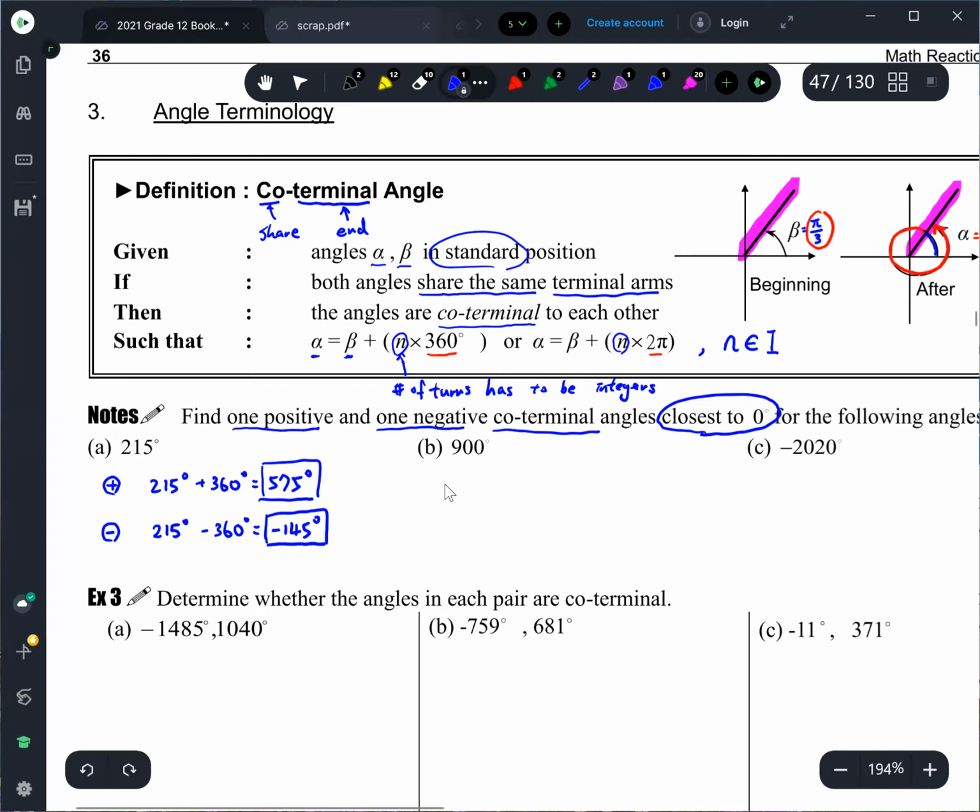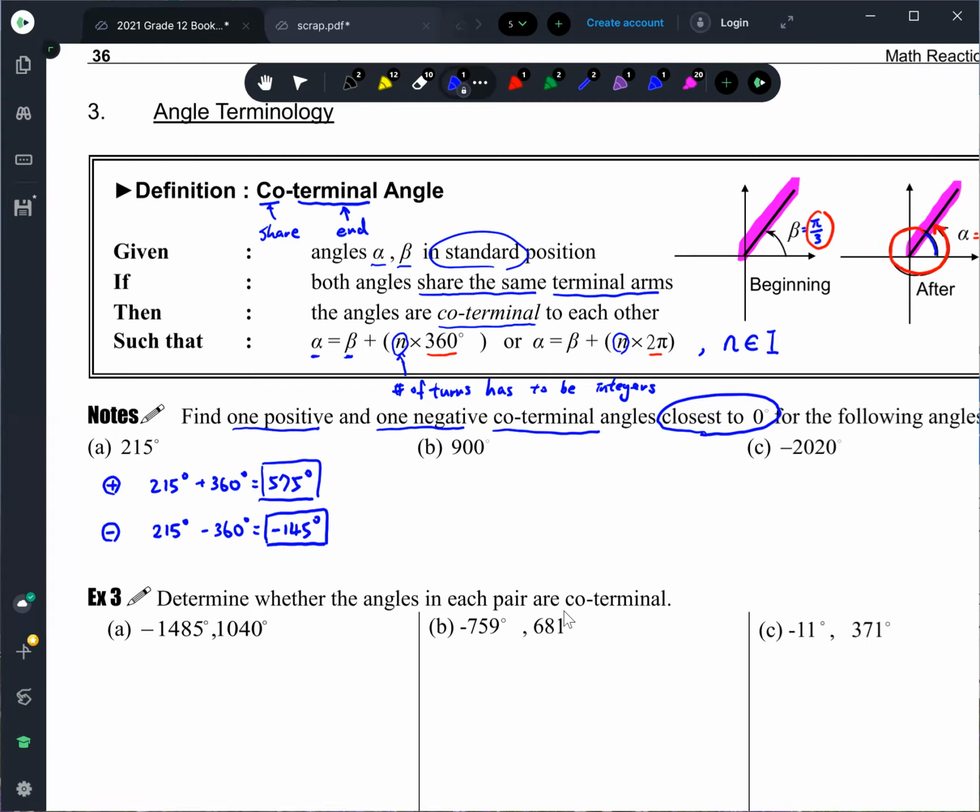Does anyone feel confused about what to do here? Question C is really negative, right? Negative 2020. If you want to get to the positive, you need to add more than one turn. You want to add until it just barely becomes positive for the first time.